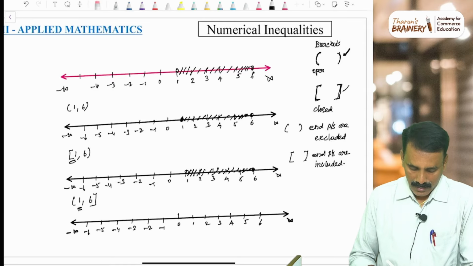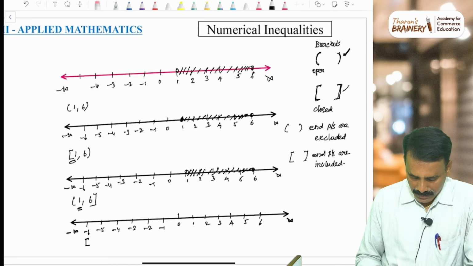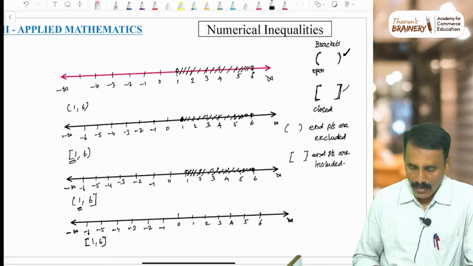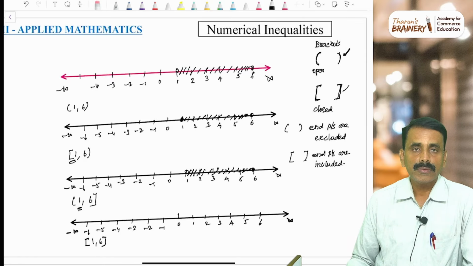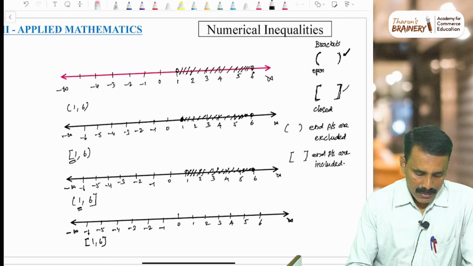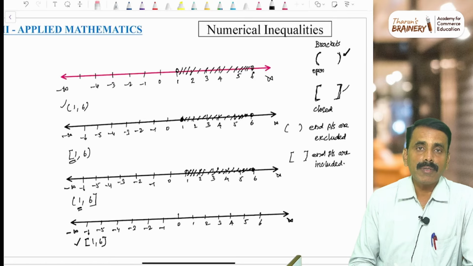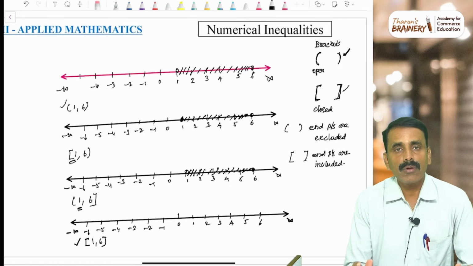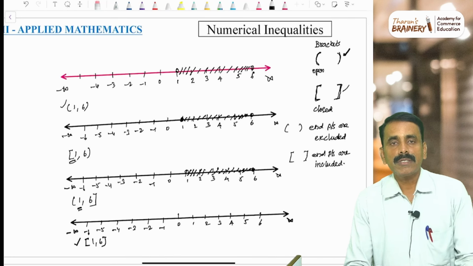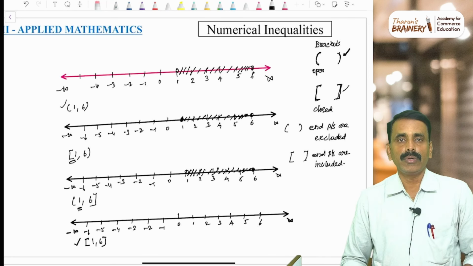Now what am I going to write? Both closed. This is called open interval and this is called closed interval. These are all semi open, semi closed. Open interval means both the ends are open. Closed interval means both endpoints are closed, included.